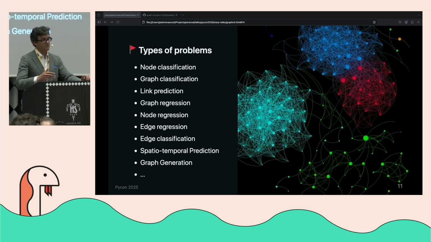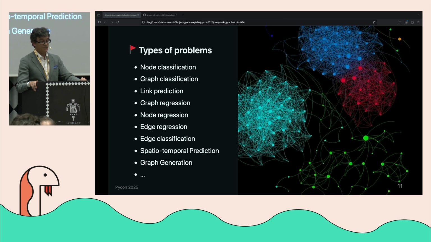And there are plenty of different types of problems that you can solve or at least analyze and work on using graphs. As I mentioned a couple here, node classification is determining whether a person is trying to commit fraud or not, or graph classification, for example, trying to understand what type of molecule you're looking at just based on how the atoms are arranged.